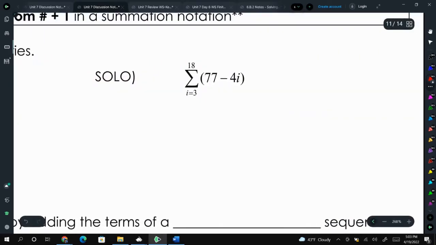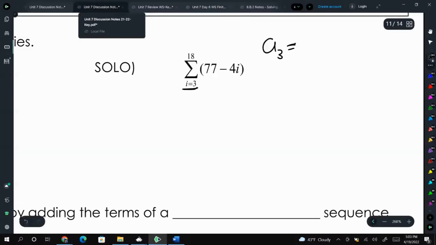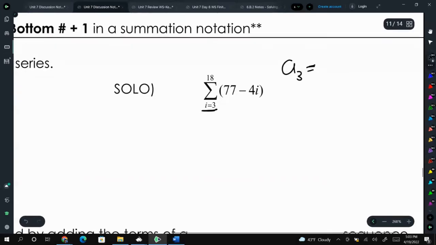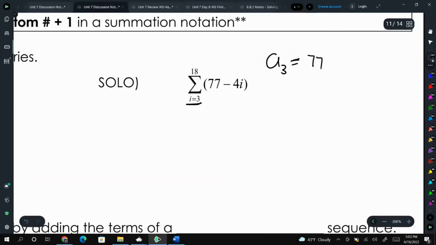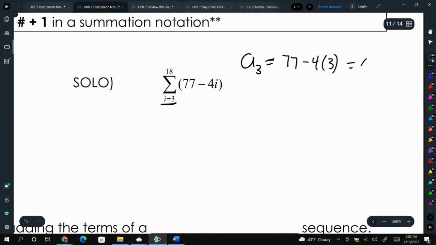This one, we want to calculate our a sub 3, and that's going to equal 77 minus 4 times 3, and that equals 65.